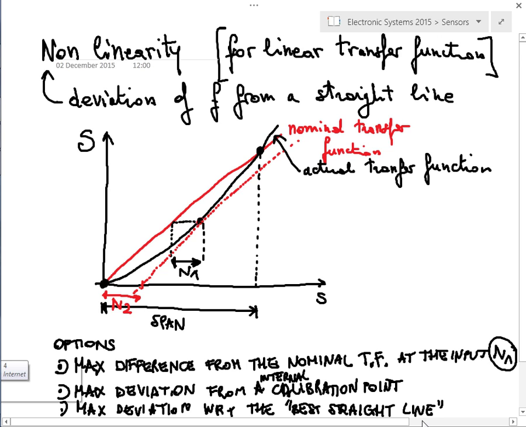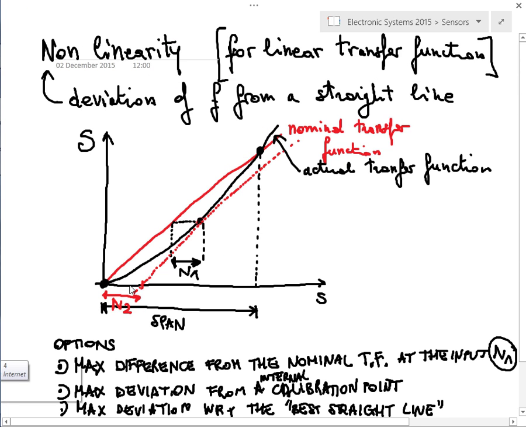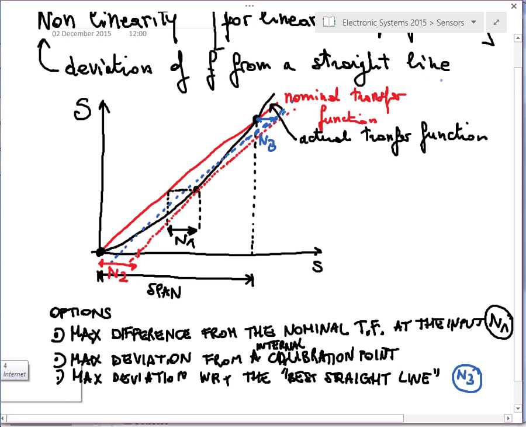The best straight line is the one which provides the smallest nonlinearity. So for example, in this case, the best straight line, let me draw it with a different color, might be, for example, this one. Let's say in this case the maximum nonlinearity, for example, is N3, which is smaller than in the other 3 cases. So it's a sort of circular definition.